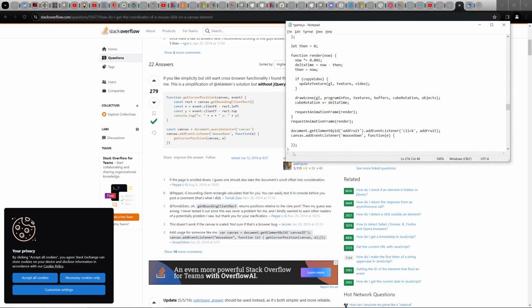So I don't need this. Or, well, maybe I do. Yeah, because canvas isn't globally available. So I need to pass it in. Alright, let's see. Get cursor position gives me the cursor positions.